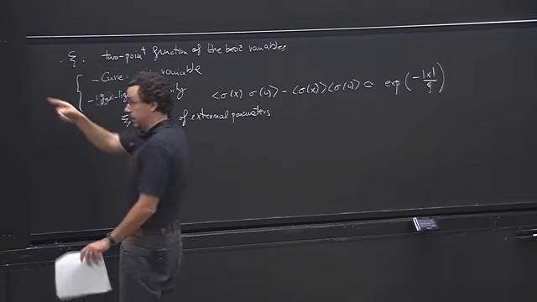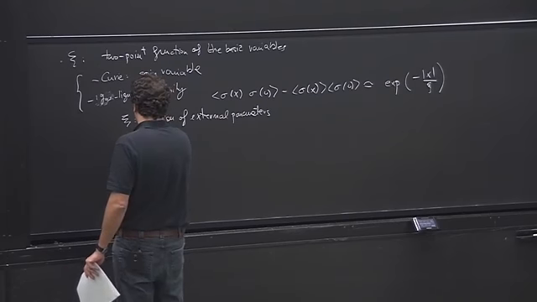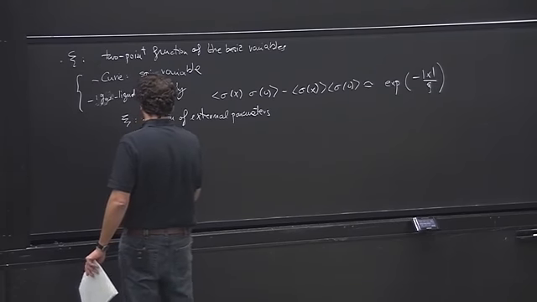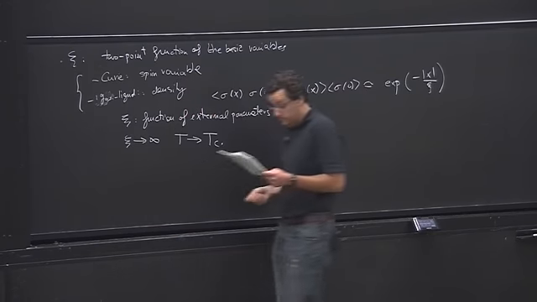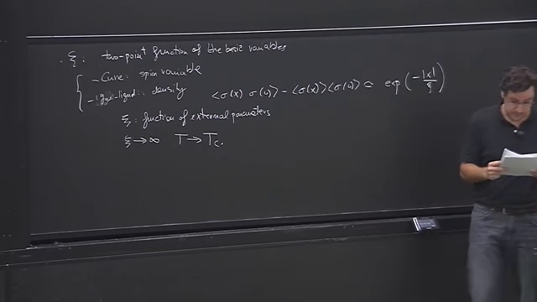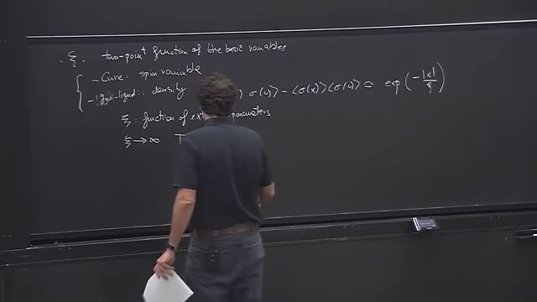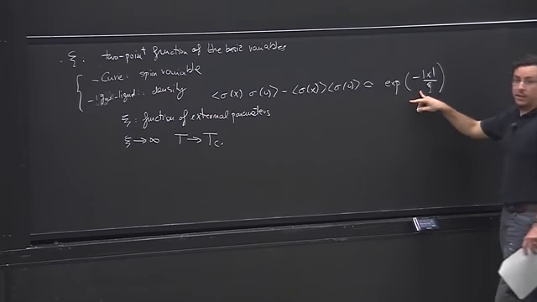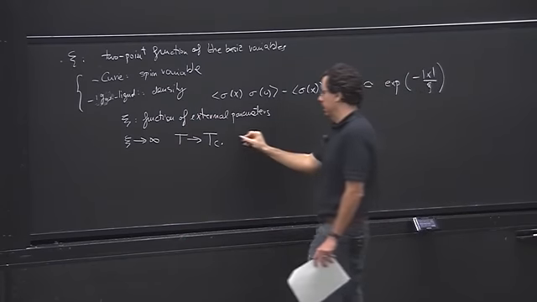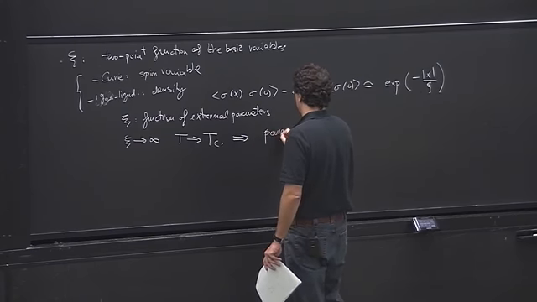And I already said that the thing that's important for classical critical phenomena in statistical mechanics is that psi goes to infinity as the temperature approaches the critical temperature of the system. And therefore, as you approach the critical behavior, this exponential fall-off is replaced by power law behavior.